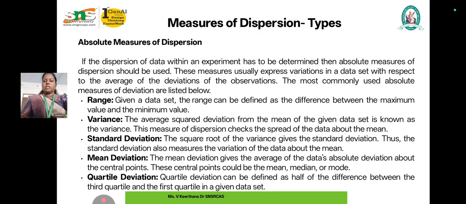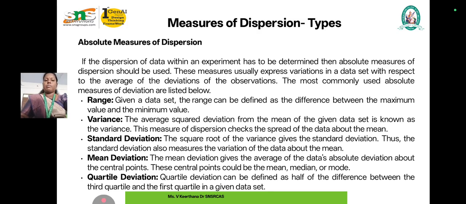Next is variance. The average squared deviation from the mean of the given data is the variance. This measure of dispersion checks the spread of the data about the mean. Next is standard deviation. The square root of variance gives the standard deviation.